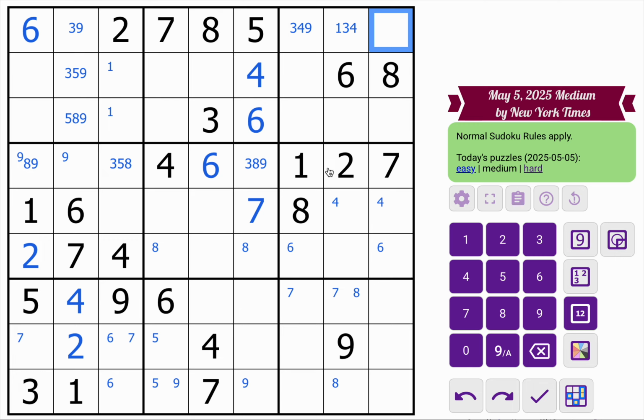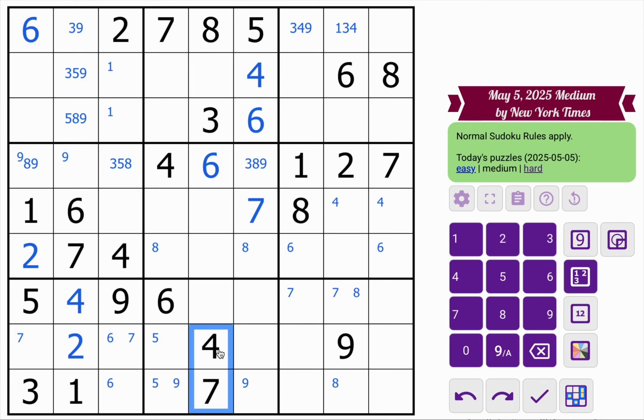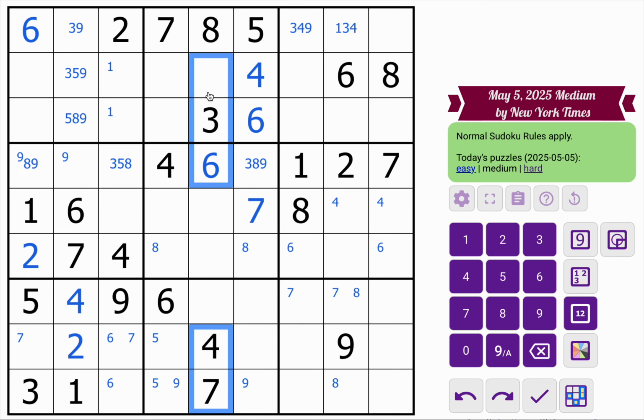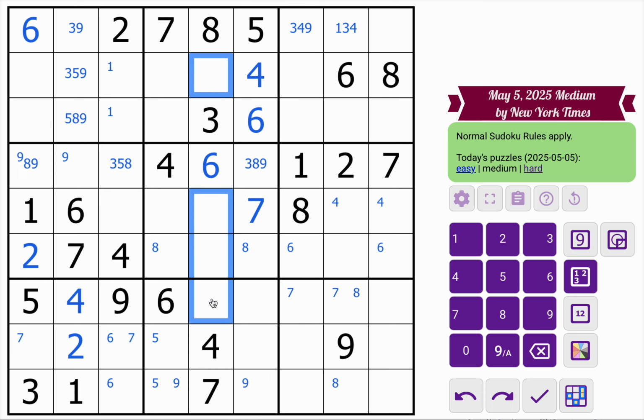Let's go through anything else. Yeah, this one has 5 numbers filled, so 4 to be filled. So let's see, 1, 2, 3, 4 is there, 5, 9.